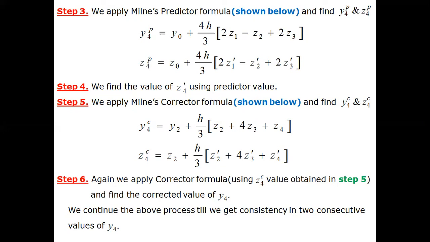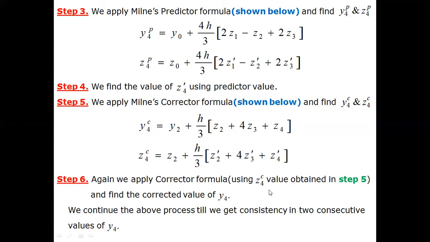But we know that in any predictor corrector method, we have to calculate the corrector values at least twice. So we have to apply the corrector formula two times. I mean, you have to calculate y4c again. So in step 6, we again apply the corrector formula, I mean, we repeat this.